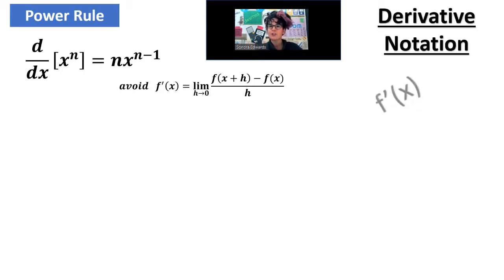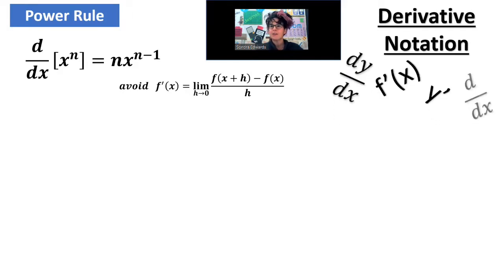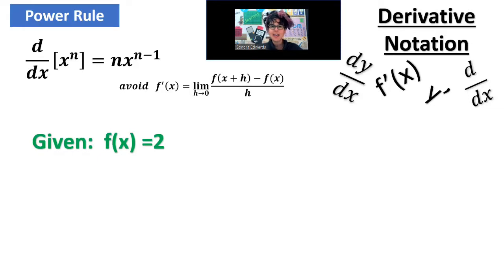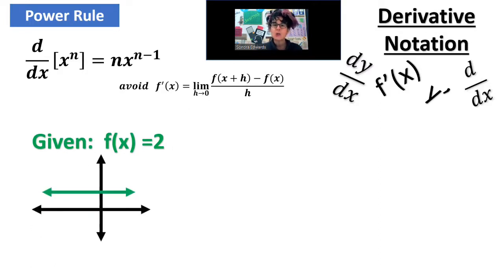Notation reminders, all of these mean find the derivative. Okay, and then I really want to emphasize one more time, even though I know our focus is the power rule, where here I might say, oh, 2x to the 0 power, move the 0 to the front, and so on. Y equals 2 is a horizontal line. If you have a constant, it means you have a horizontal line, and the slope everywhere is just 0.